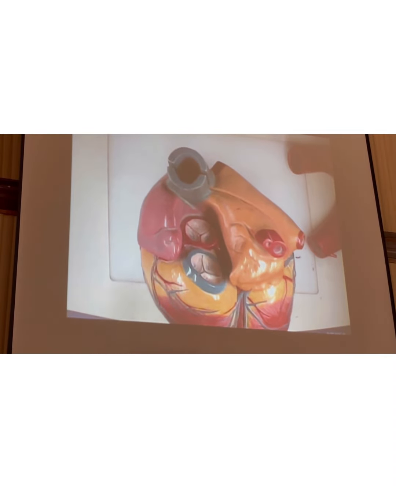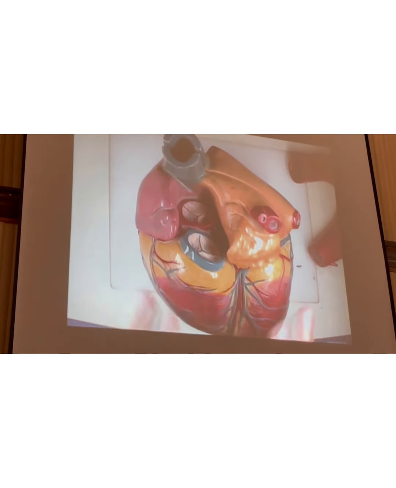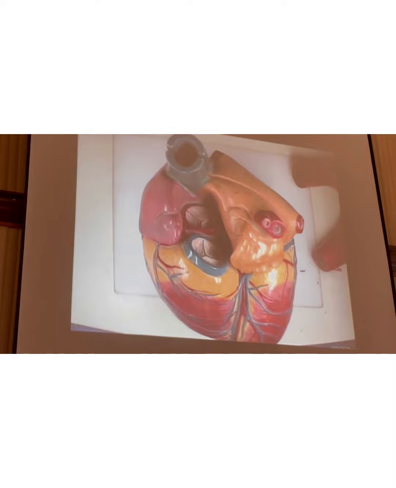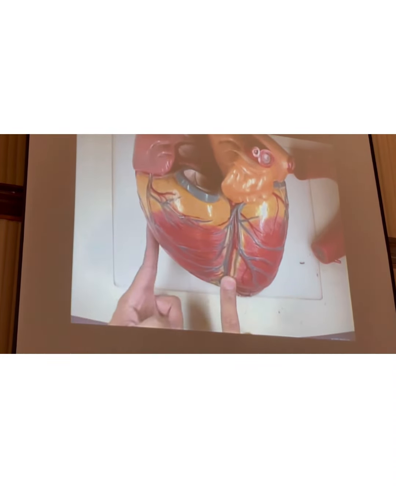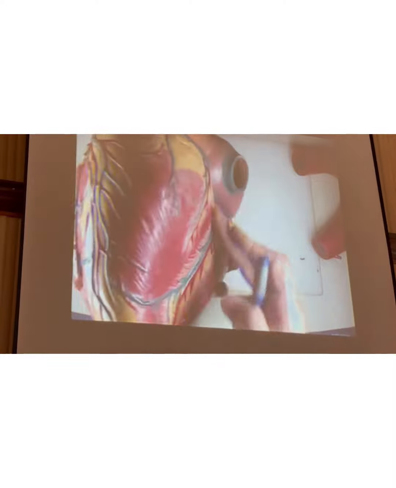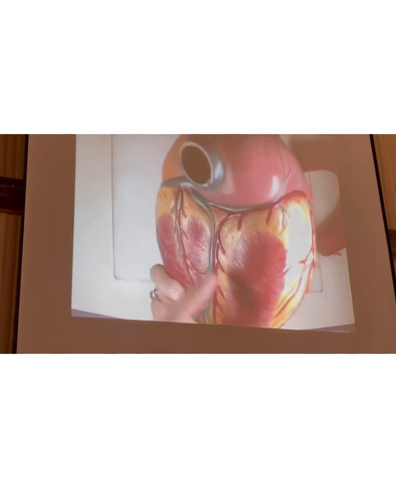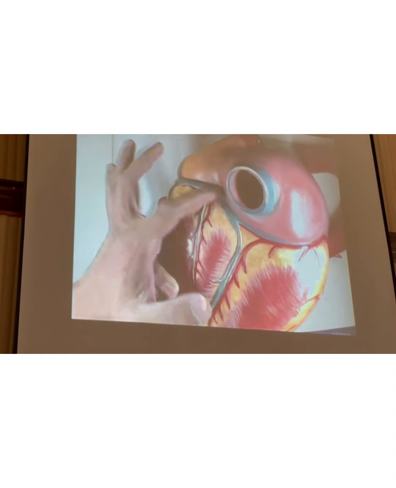So this is regarding the blood supply: the coronary arteries and their branches, and the venous drainage. In the venous drainage, we have the great cardiac, lesser cardiac, and then posteriorly the middle cardiac. They drain the different parts of the cardiac muscle into the coronary sinus.